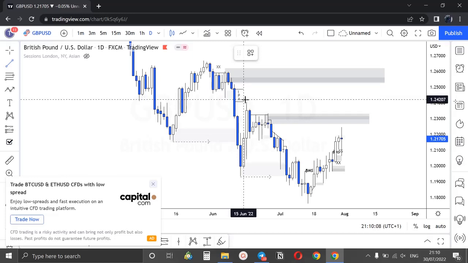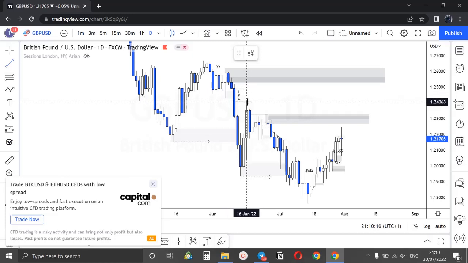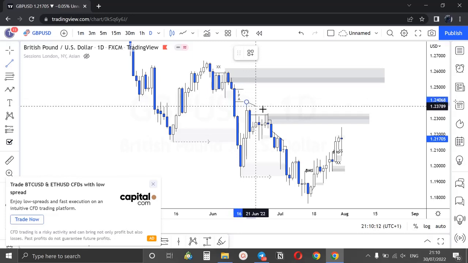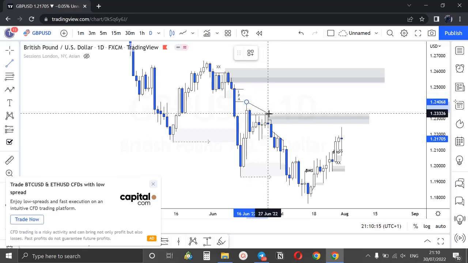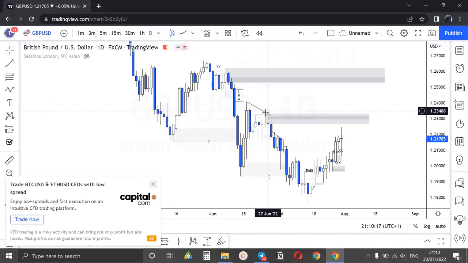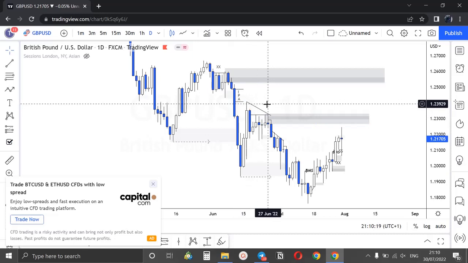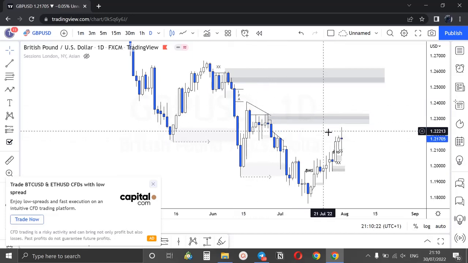Looking at this price action information here, this is more or less trend line liquidity. So they can probably come back here.